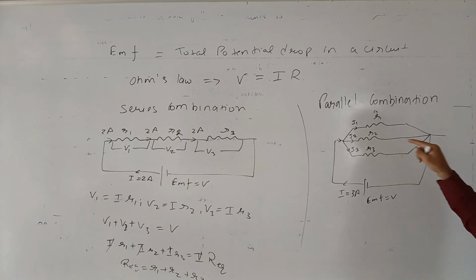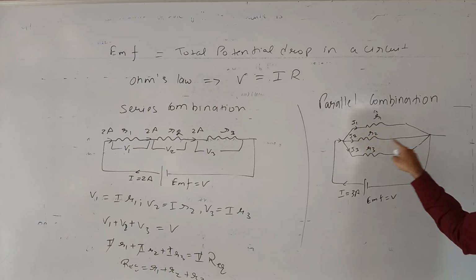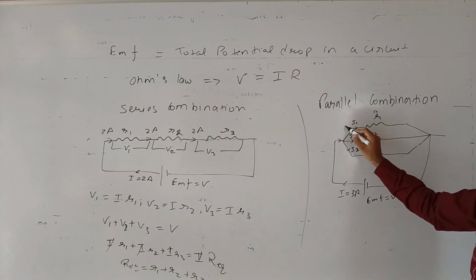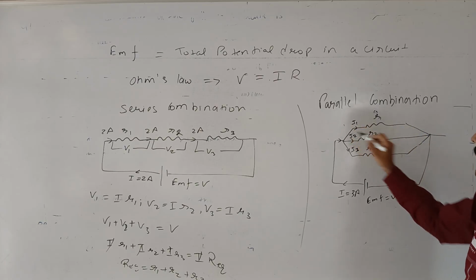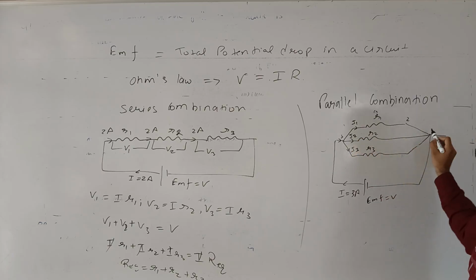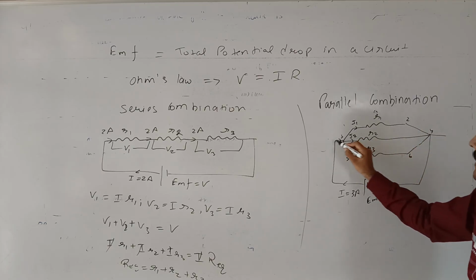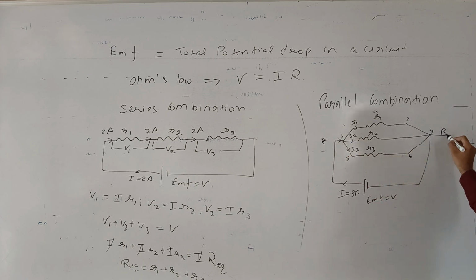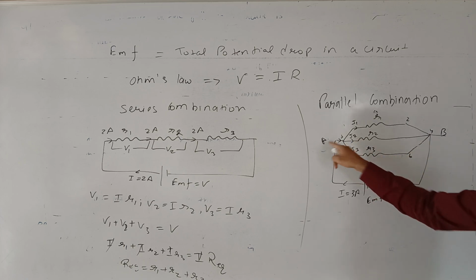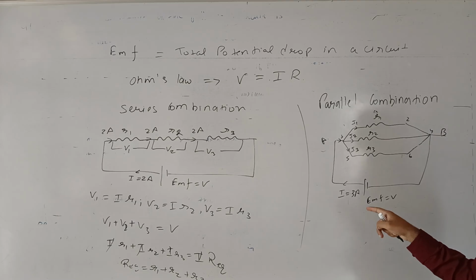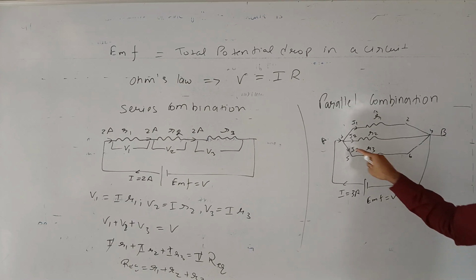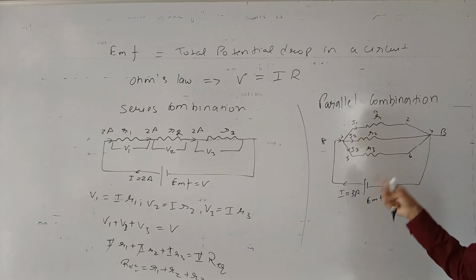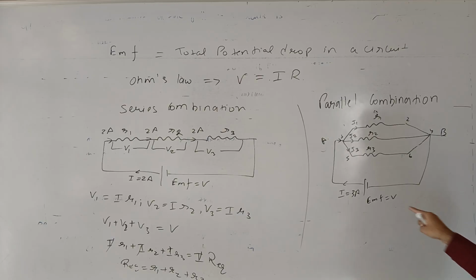Here, all the ends of all the resistances are directly connected to the points A and B, and points A and B are directly connected to the terminals of the cell. Therefore potential difference across each resistance is the same, and it is equal to the EMF of the battery.